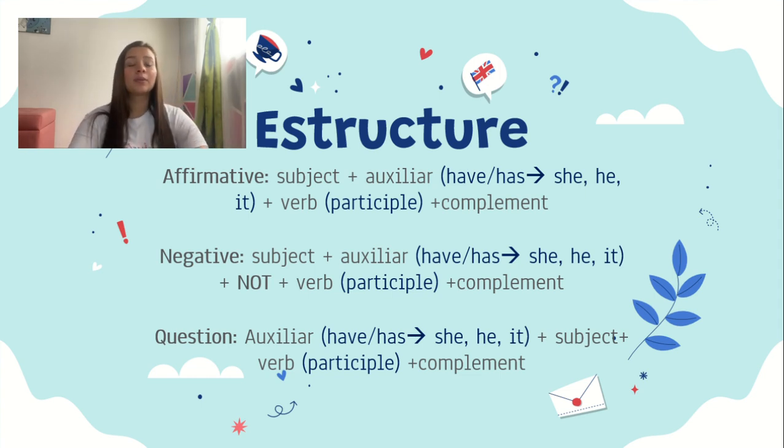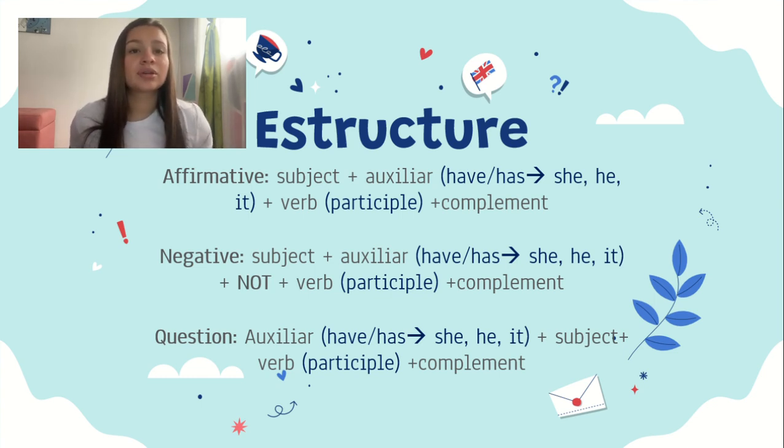In the negative form, we have subject plus auxiliary that can be have or has, and we need to add not between the auxiliary and the verb. After that, we have the verb in participle plus complement.